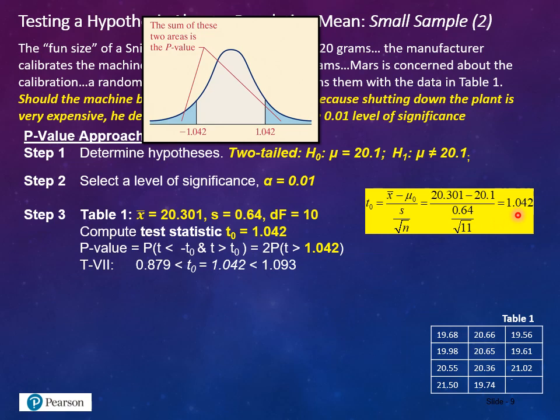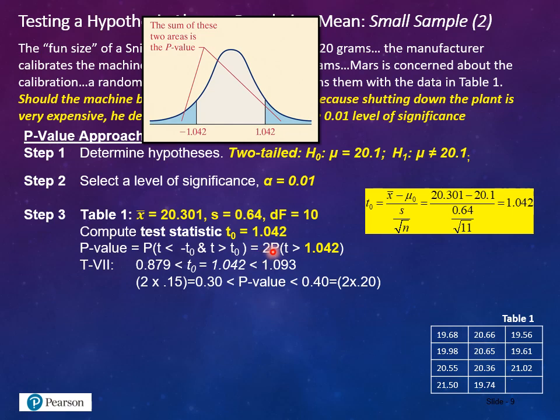So our test statistic is 1.042, and if we look at table 7, we can see that the values there are between 0.879 and 1.093. So we know that our t-value is between those two points. If you look at the area for the lower value, this area is 0.15, and the area for the upper value is 0.20.